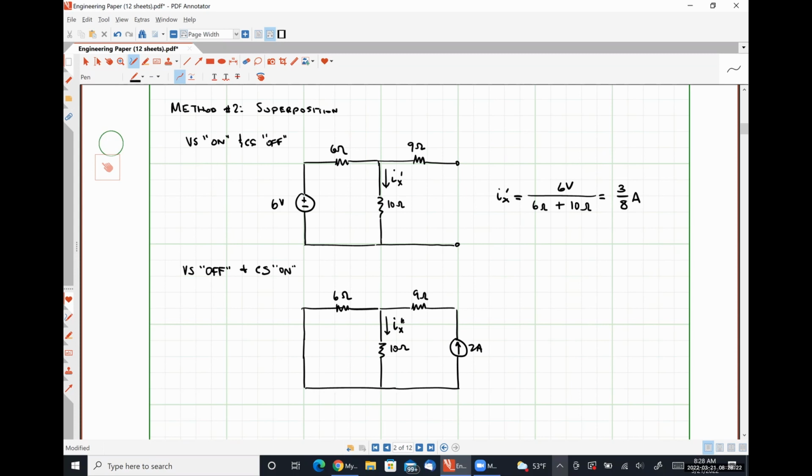And this is the quantity Ix double prime, which represents the contribution of the 2 amp source to the quantity Ix. To me, the easiest way to determine this current Ix double prime would be to apply current division, because we know that there is a current of 2 amps flowing into the parallel network containing the 10 ohm resistor and the 6 ohm resistor.